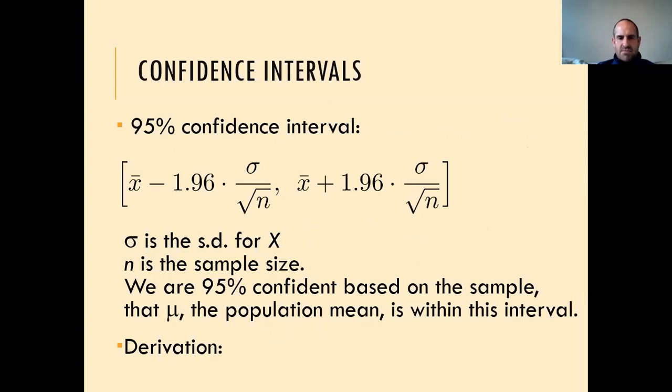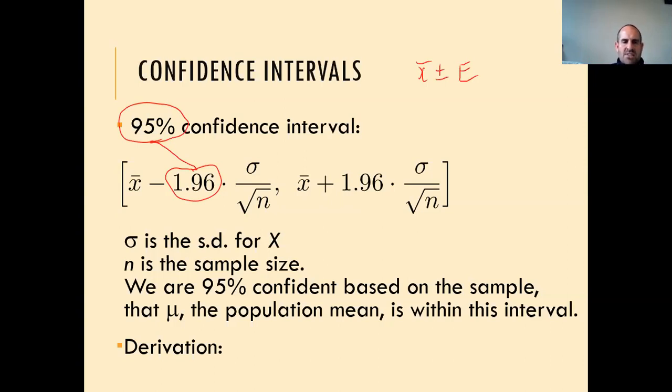Essentially, this is what you do. You take the sample mean. Remember I said the thing about going x bar plus or minus some number and then wanting to have the mean be in that interval of values. Well, here is the interval. It's going to be x bar minus 1.96, and this 1.96 is tightly connected to this 95% confidence interval thing.